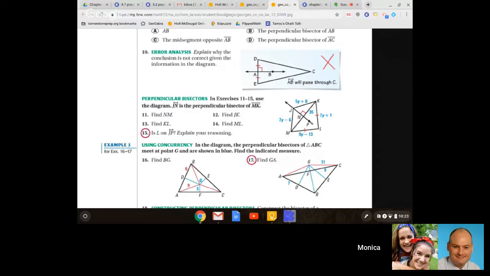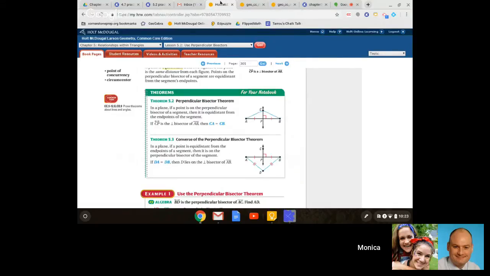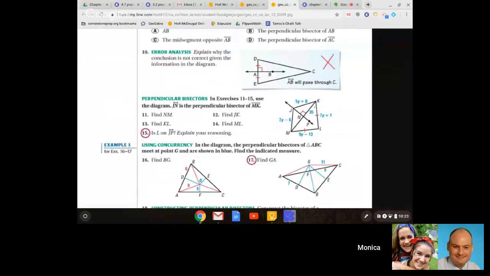We don't know that it's a bisector just by looking at what's marked in the picture, but the way that we can prove that it's a bisector is by seeing here on this picture, we have a perpendicular line, and these two distances here are congruent. So if you look at this picture, these two distances here are congruent as well. So that kind of goes backwards and proves that this is a bisector here.